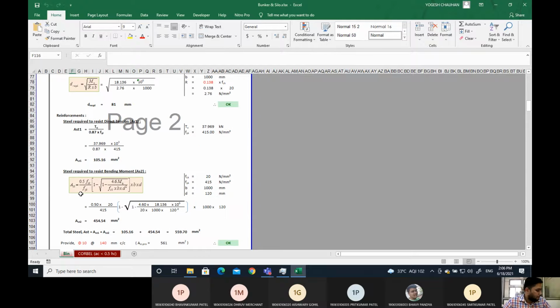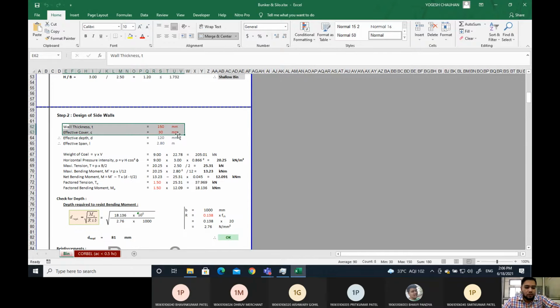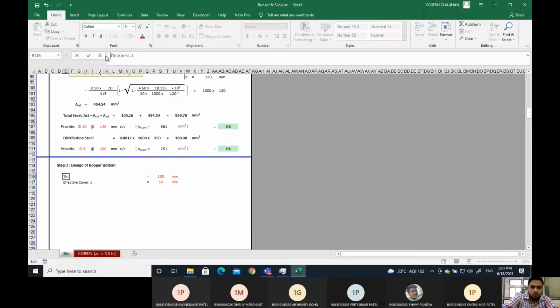So here you have to assume the thickness of the hopper bottom, the thickness of sloping slab.